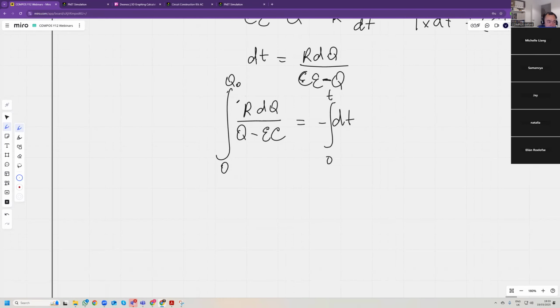And then if I integrate this, this is going to be R logarithm modulus Q minus EMF C equals minus t.